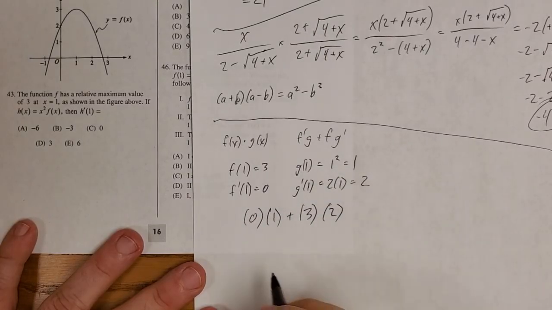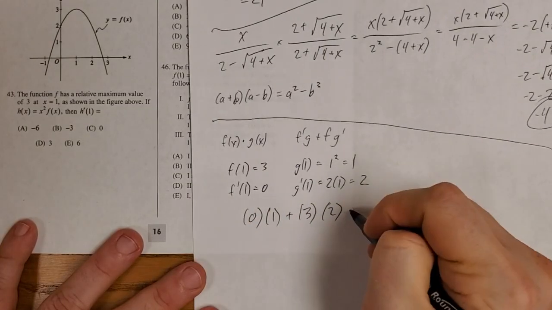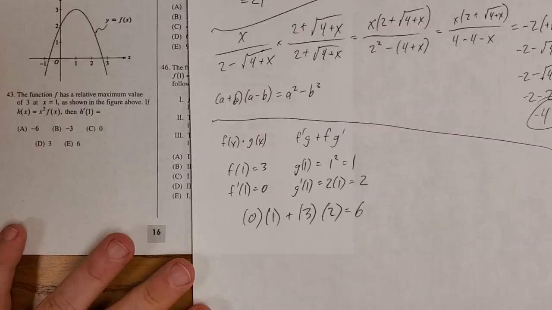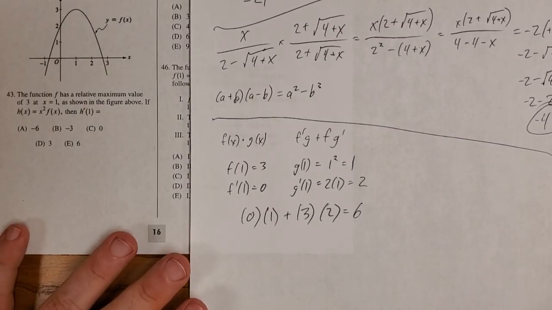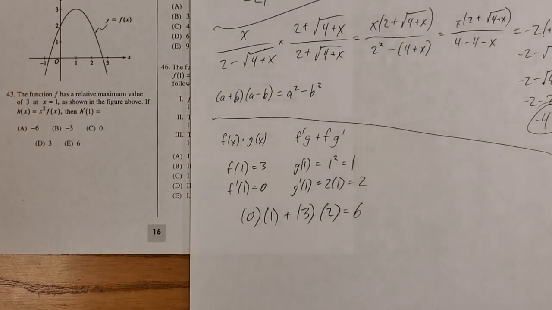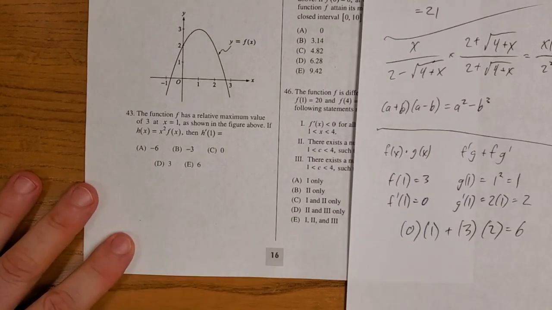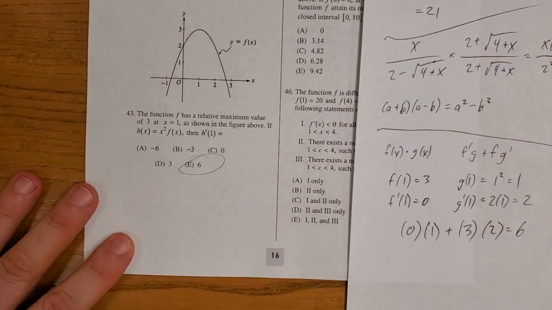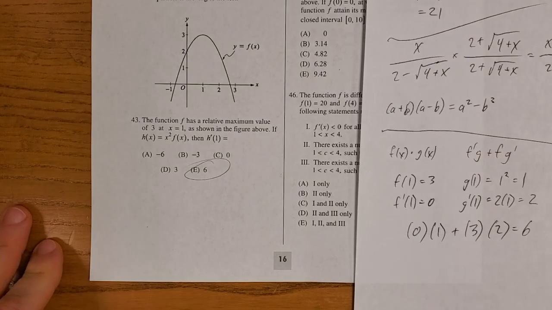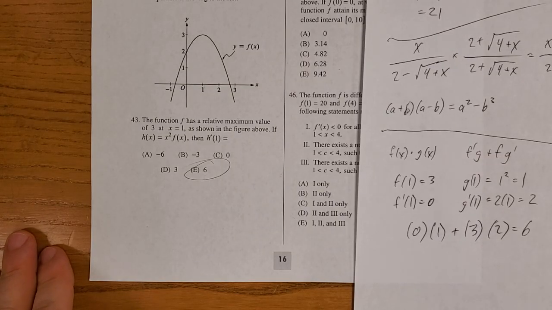Yes, that's correct. And that first term goes away because it's multiplied by 0, so it's just 6. And 6 is one of our choices, and that is what it is, E, 6.